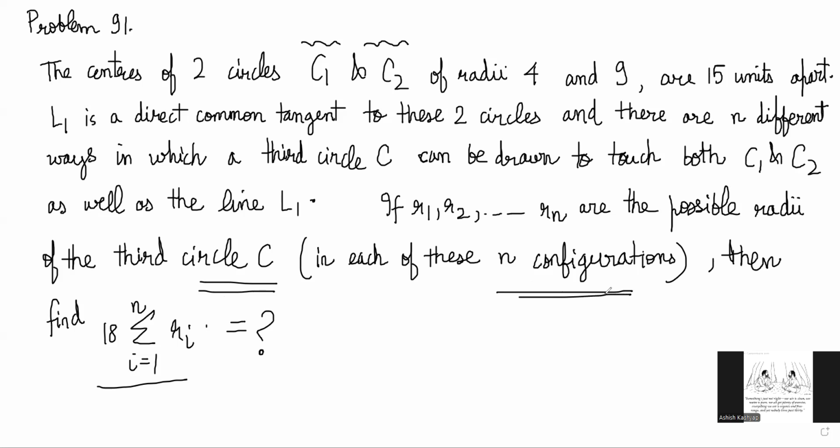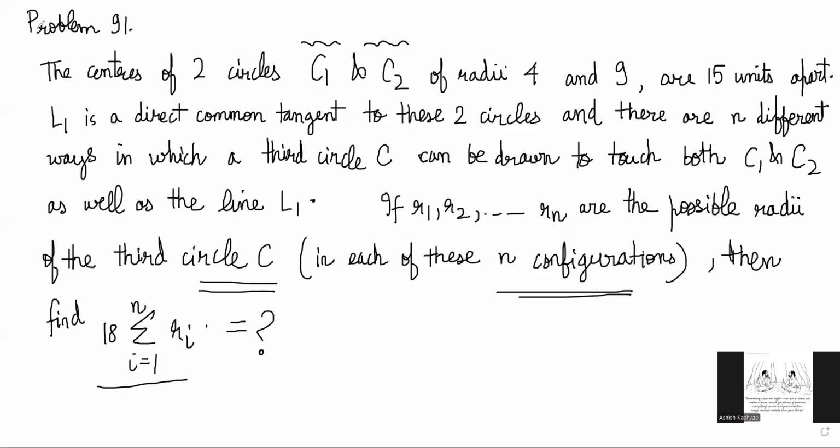There are n different ways in which the third circle can be drawn, and in each situation we have to find the radius of that third circle and add up all the radii of all of these situations. All the time there are three circles. The three circles are such that C touches C1 and C2. C also touches L1. And obviously the line L1 is direct common tangent to C1 and C2. Right? So let's try to reduce this problem to separate cases and do each case one at a time.